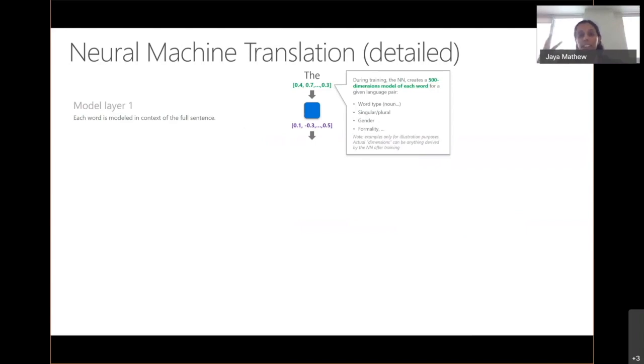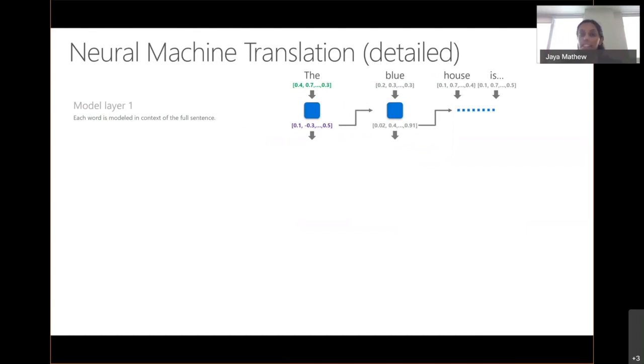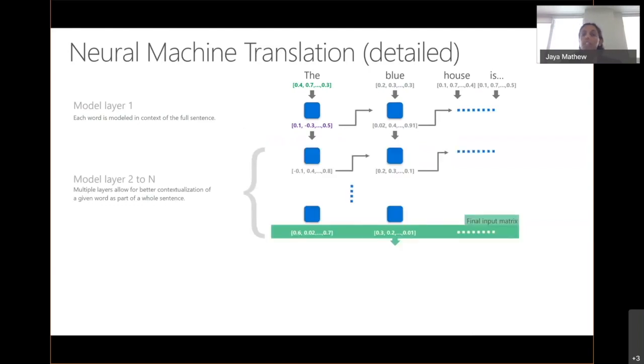So it looks at things like word type, whether singular, plural, gender, formality, etc. Then the neural network creates a 1,000-dimensional model of each word given the context. This process is repeated for every word in the sentence. The sentence in here is "the blue house is something long." Then it adds many more similar layers, 2 to n, because multiple layers allow for better contextualization of the given word as part of the sentence.